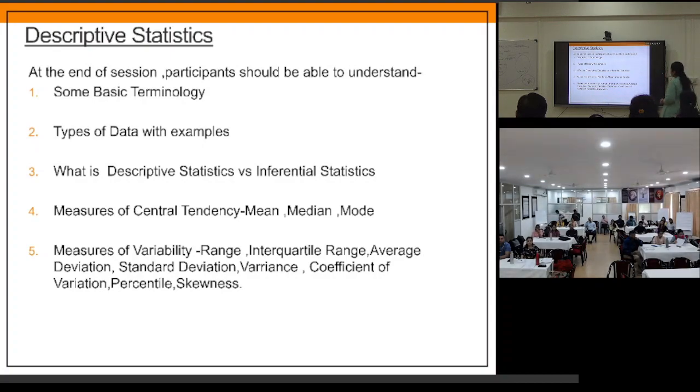At the end of the session, you should know some basic terminology, types of data with examples, what is descriptive statistics versus inferential statistics, then what are the measures of central tendency, mean, median, mode, and measures of variability, which are range, interquartile range, and very importantly the standard deviation.